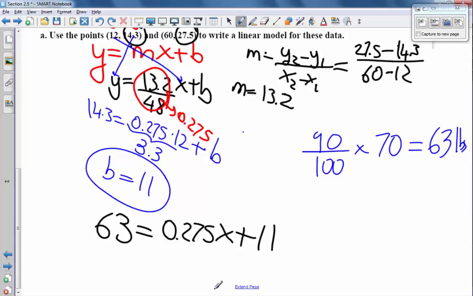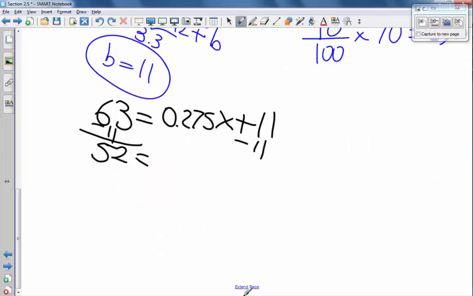Take 11 off, which is 52, and divide by 0.275. How many days is it?